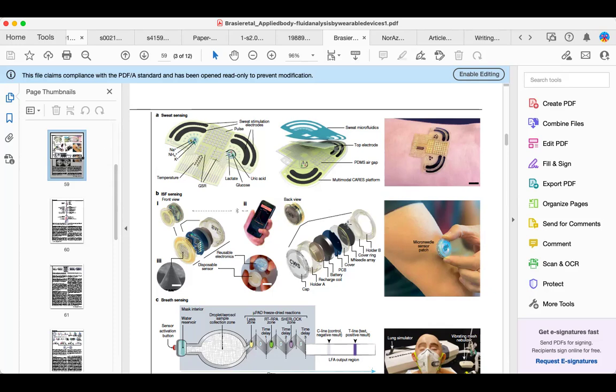So you can see that this is an example of a wearable device, and they are talking about combinations of AI, okay, software processing with the hardware, okay.